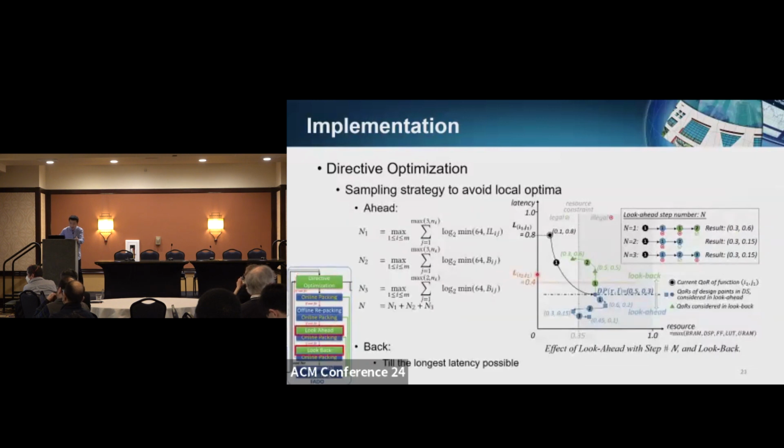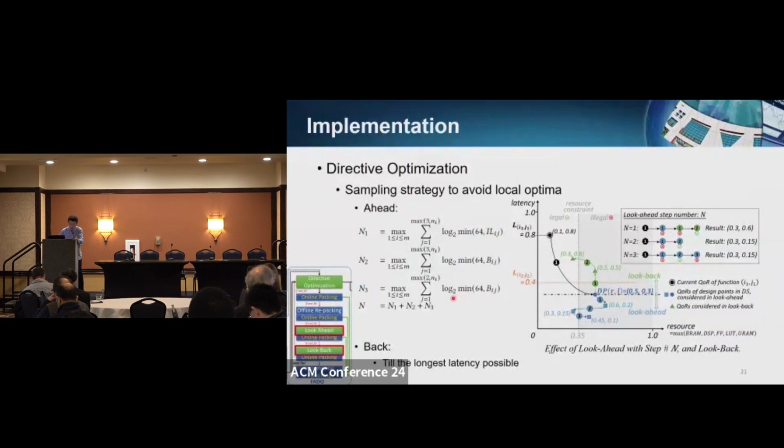To handle the non-monotonic design space, we propose a sampling strategy in two directions, looking ahead and looking back. When floor planning for the current design point DP fails, we look ahead for more design points with lower latency. And if look ahead still does not work, then we try to look back.